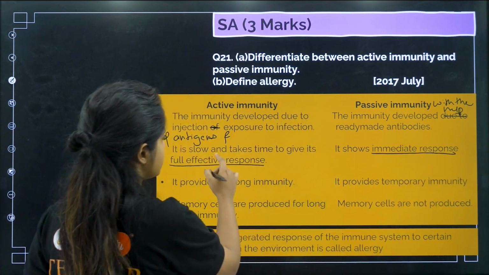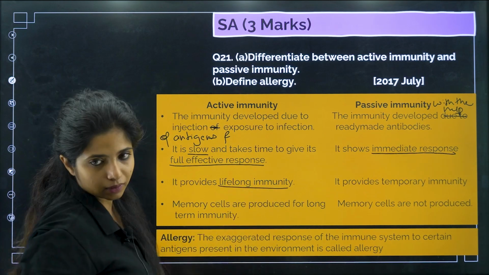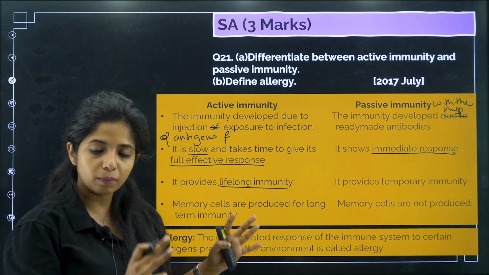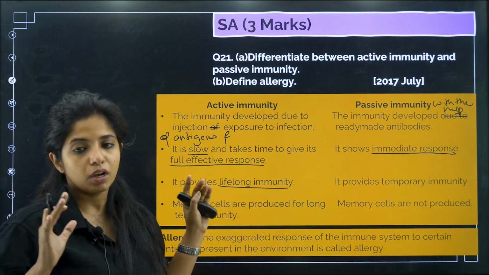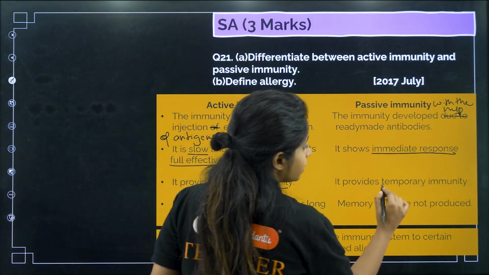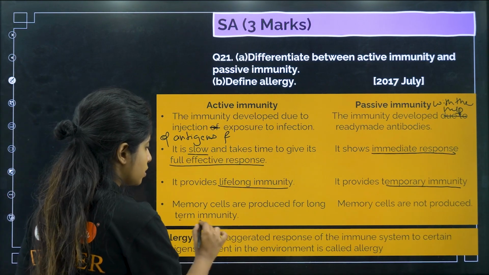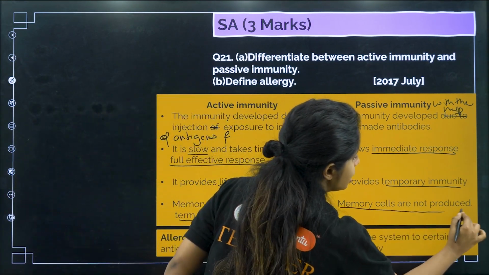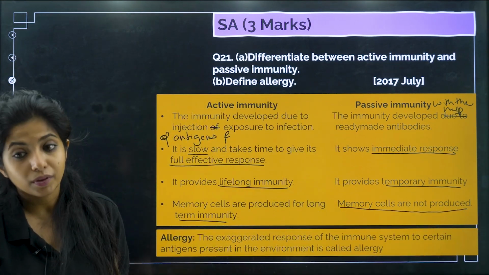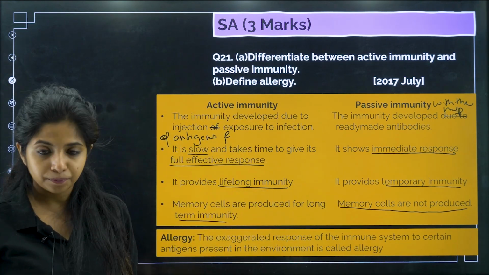This is fast, whereas active will be slow. Active provides lifelong immunity, yes, because you are making your body remember that memory cells have to be made, and next time the antigen comes, your memory cells will be making more antibodies and it will help out. But passive provides temporary immunity. Memory cells are produced for long-term immunity. Memory cells are not produced in passive, which is why it gives short-term immunity. So this is the difference between active immunity and passive immunity.